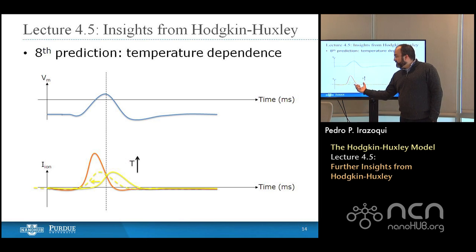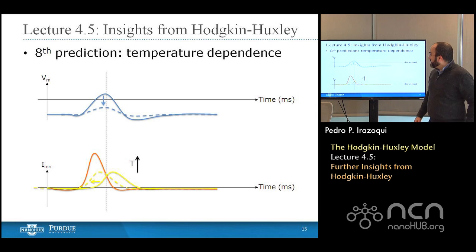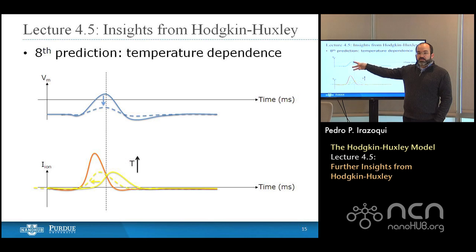So this yellow curve shifts left. What that means is that more of the potassium outward current and the sodium inward current overlap. And when they overlap, they cancel each other out to some extent. The net result is that as you increase the temperature, the amplitude of your action potential decreases.